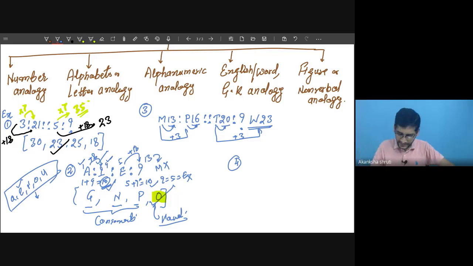Say if it is given that man is to child, then cow is to what? Can anyone tell? Very simple. If you know the English, very good. If you do not know the English, no need to think.